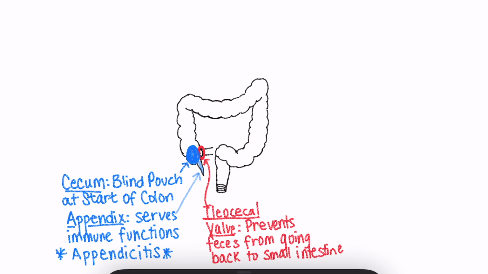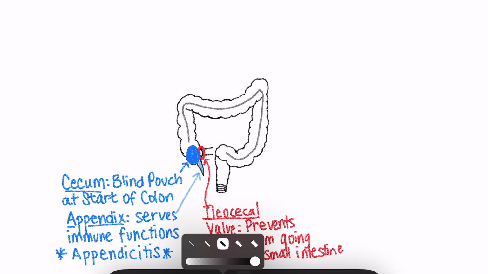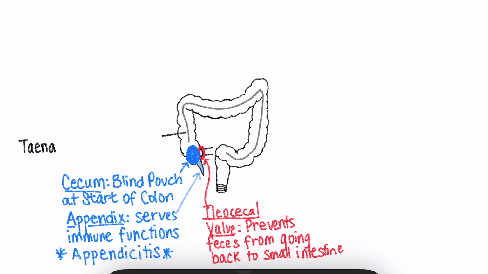Now, before I move on, I want to show you this smooth muscle that bunches the colon up into distinctive segments that are called haustra. So that's what that line is going to represent. It's the tinea coli. Let's put that right here. Tinea coli.